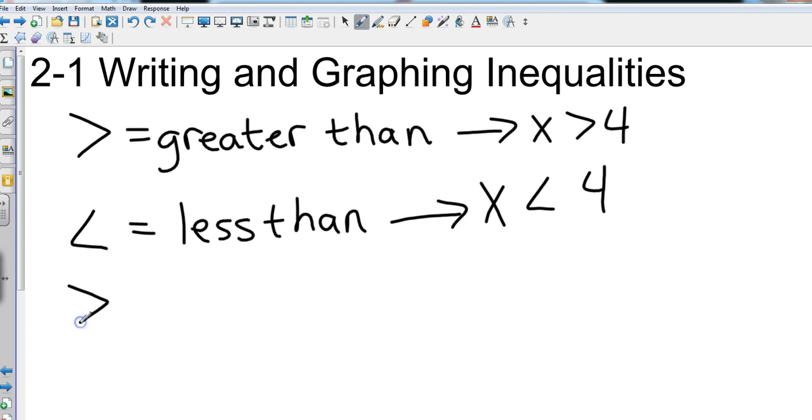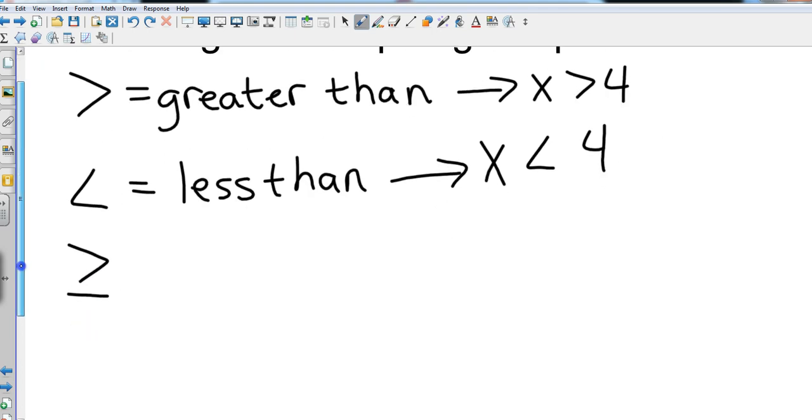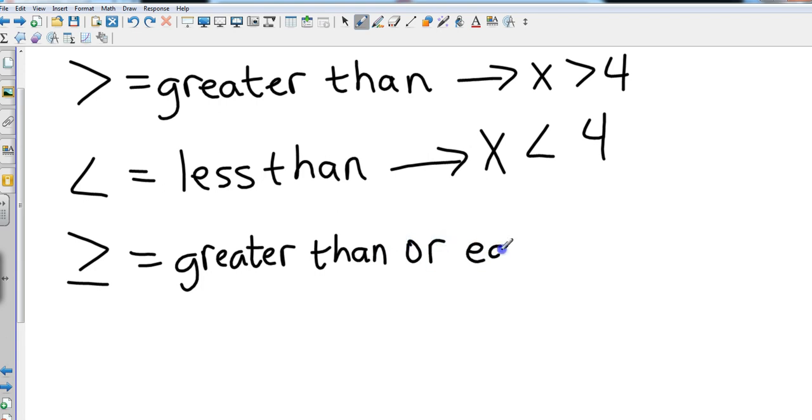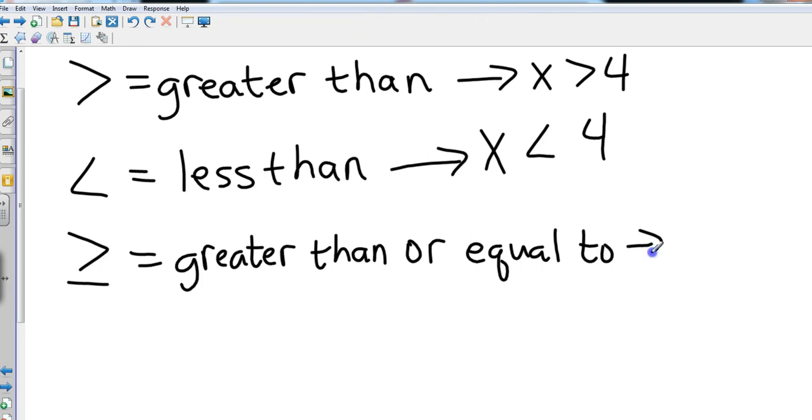Now, obviously, if we throw the equal sign on there, we have got greater than or equal to. And that's an or. So using the same expression, we're going to go with x is greater than or equal to 4, which means it could be one or the other.